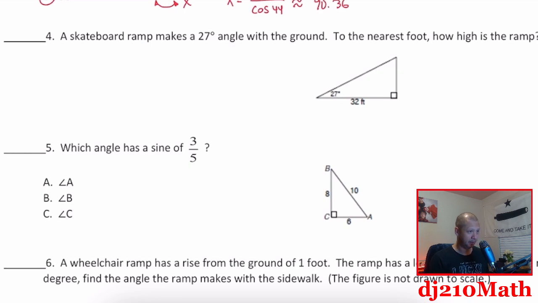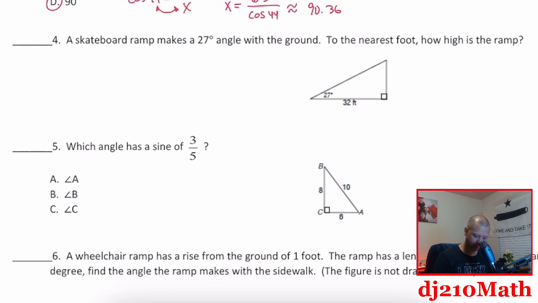All right, number 4. A skateboard ramp makes a 27-degree angle with the ground. To the nearest foot, how high is the ramp? Okay, so high is this side here. Again, you need 3 things in every problem, right? An angle and 2 sides. So in relation to the angle that they give us, the side we want is opposite.